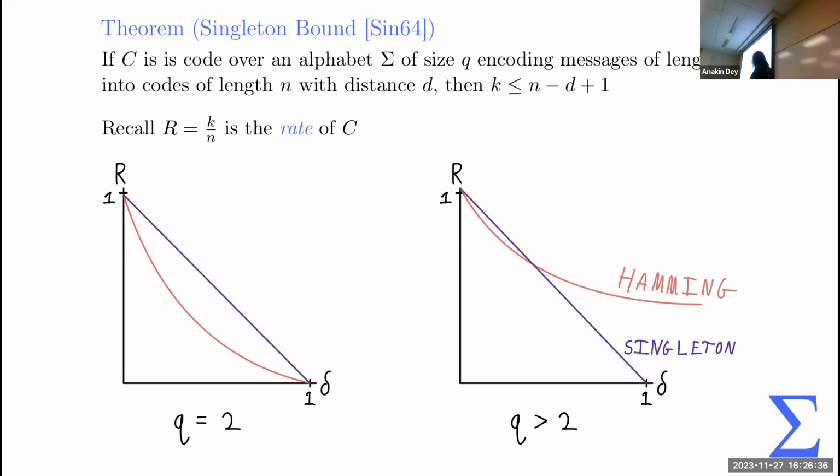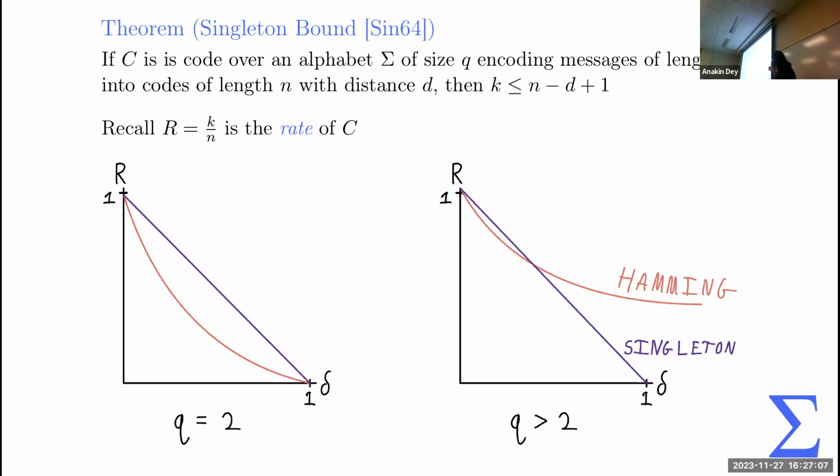As rate gets lower, your code word gets much longer relative to the original message length. If you remember from the Hamming codes meeting, there's the Hamming bound. What the Hamming bound tells you is that the areas above the line are impossible. You can never achieve a rate and distance trade-off above this line.